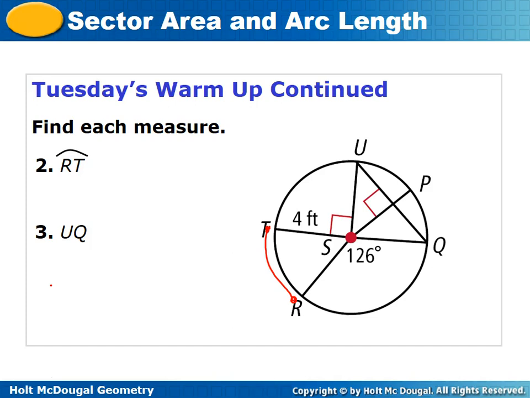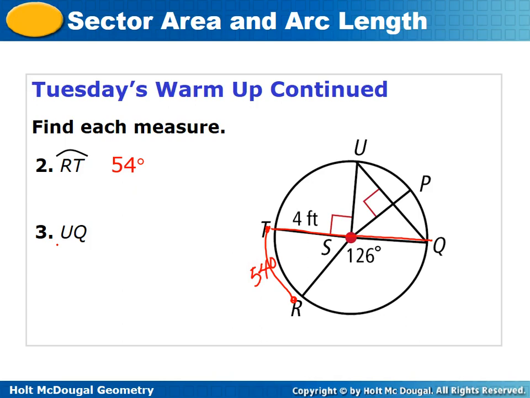We can see that the top part of this is half the circle right here. And if that's half the circle, then we can subtract 126 from 180 to get the measure of RT. So when we do that, we get 54 degrees. So 180 minus 126, 54. So this down here was 54 degrees.